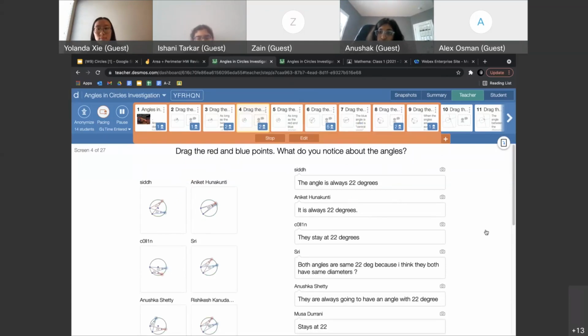Try clicking the link that's in the chat and see if that just opens. That's what I did. I clicked the link in the chat. Okay. We'll see what we can do about that.